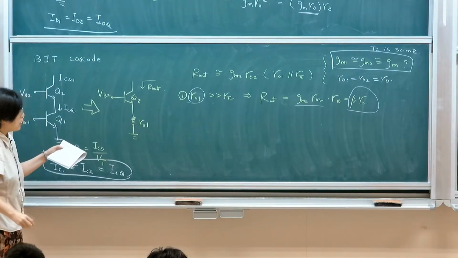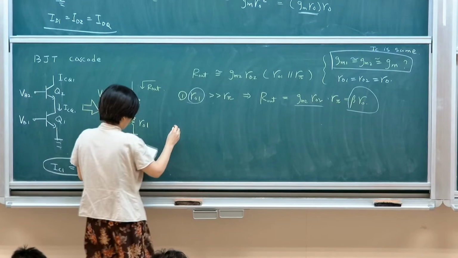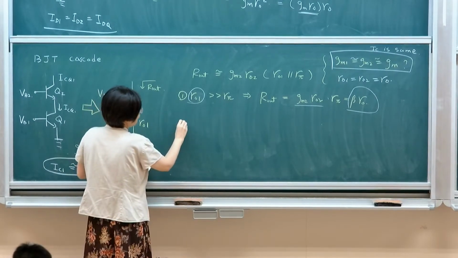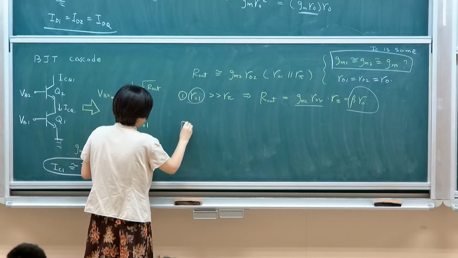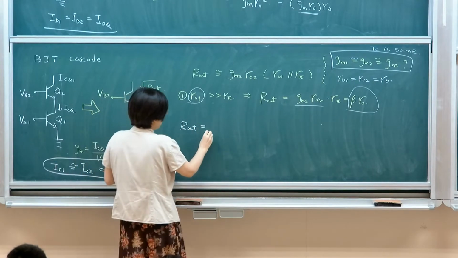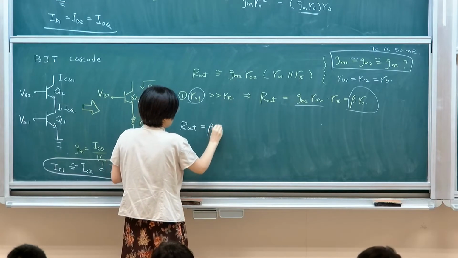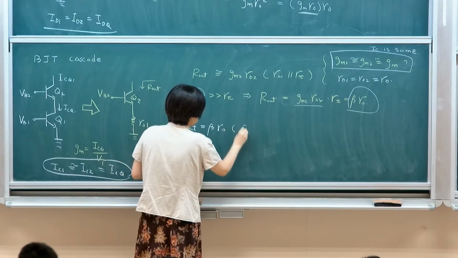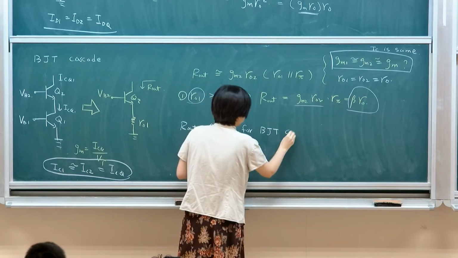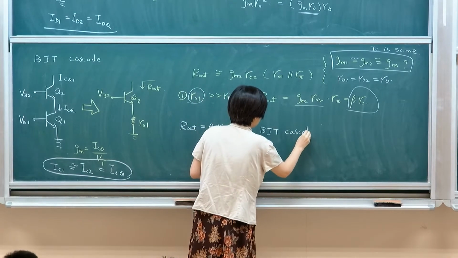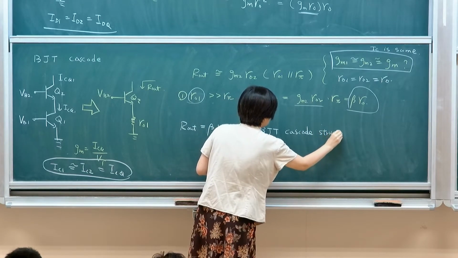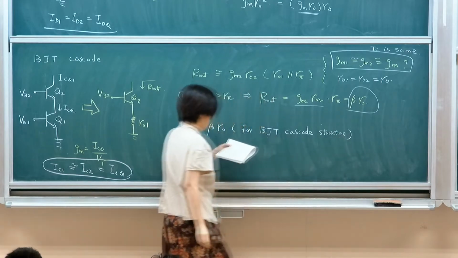So what happens is that this would then lead to your overall output resistance, as I said, would then be beta RO for the BJT cascode. OK?